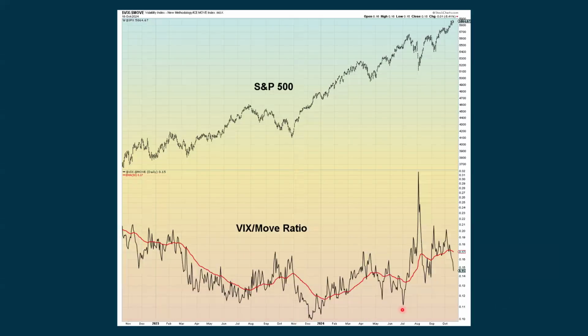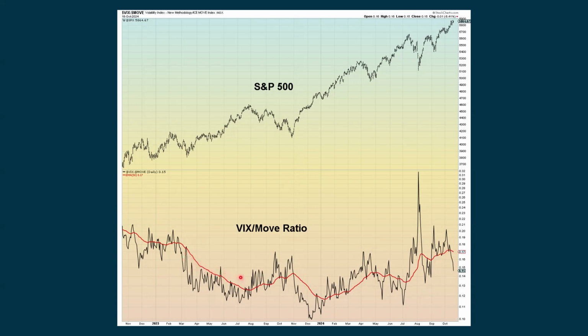We look at the VIX index, which measures the volatility of stocks, and the MOVE index, which measures the volatility of bonds. And we're really dropping down with this ratio as bonds had been under pressure. They're starting to come back down a little bit, and stocks have been going up. And so we're seeing this moving average tending to roll over. Now, the context of this can change somewhat.